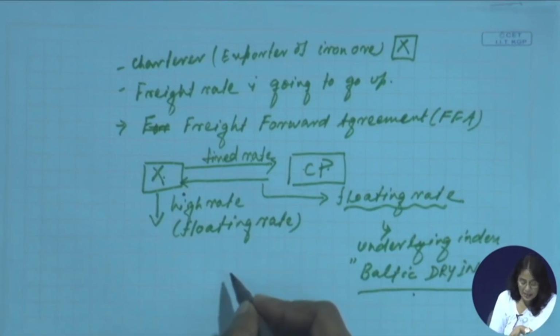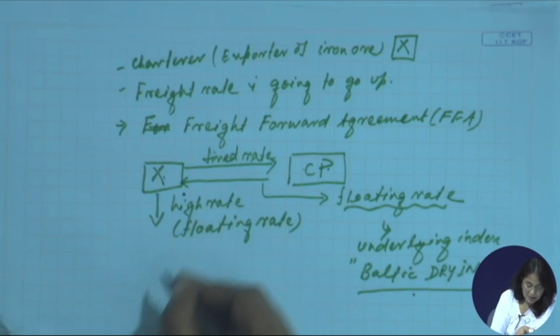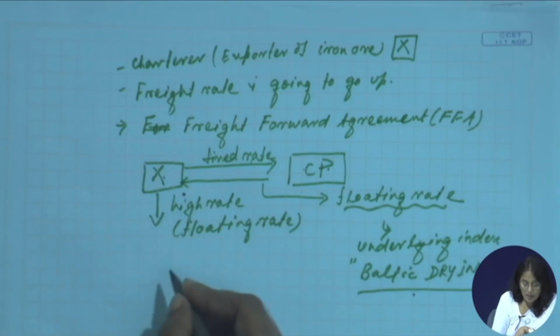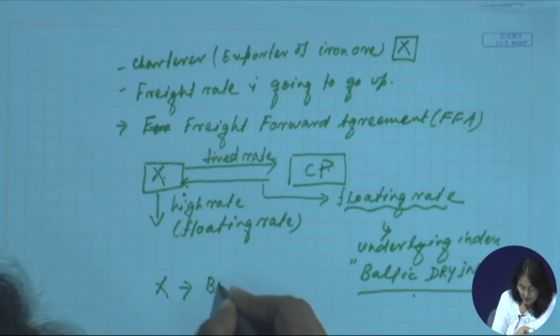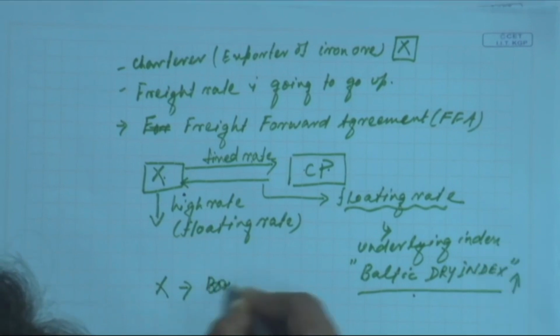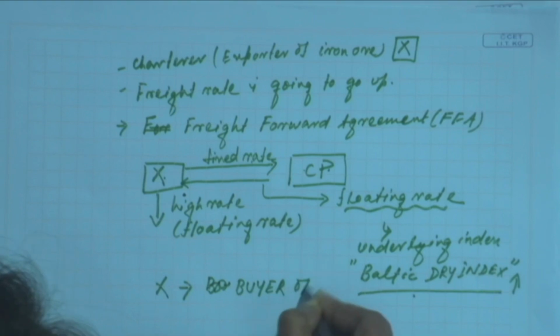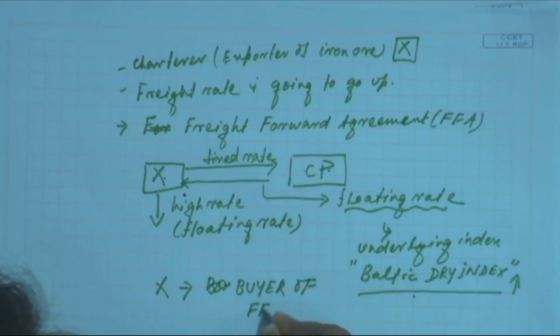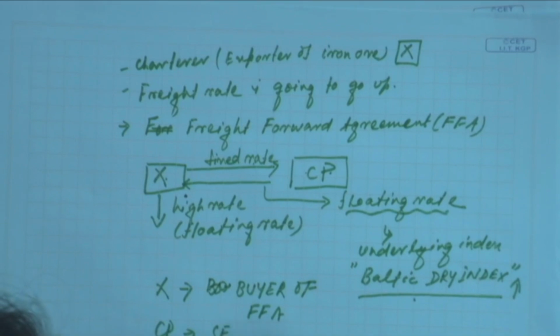So this is an example of a freight forward agreement, and in this case, this is a swap contract, and X, by paying a fixed rate, is the buyer of FFA, and CP is the seller of FFA.